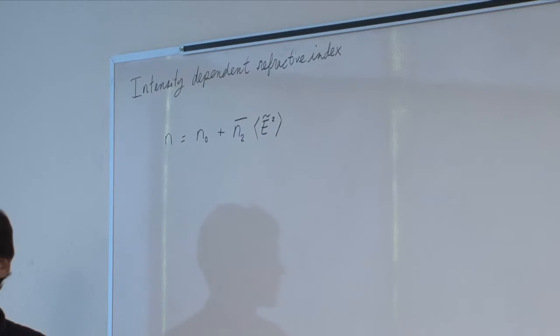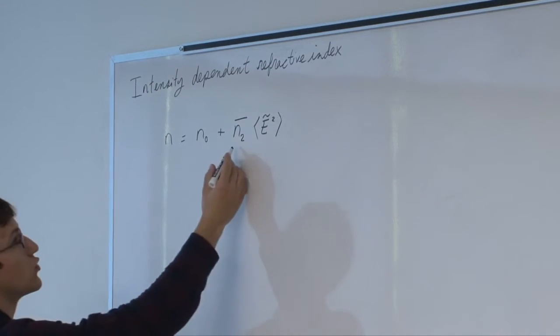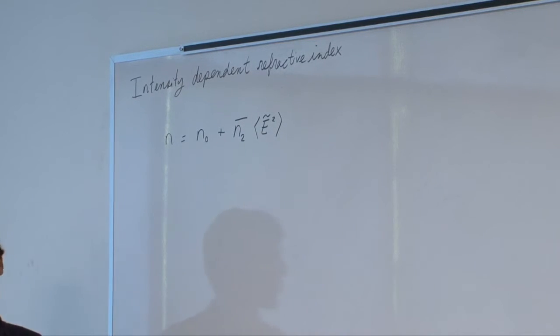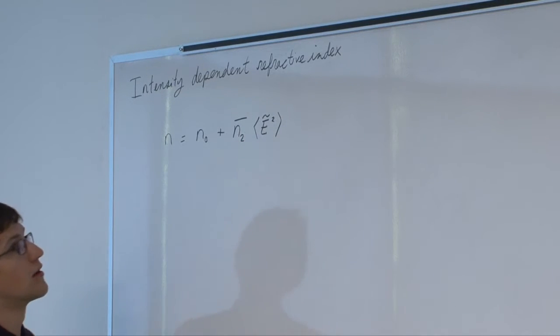You're already familiar with this notation, I'm sure. Basically this N2 with a bar over it is the rate of change of the refractive index with respect to the time average of the field squared.